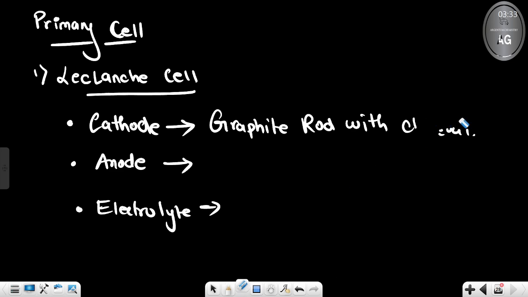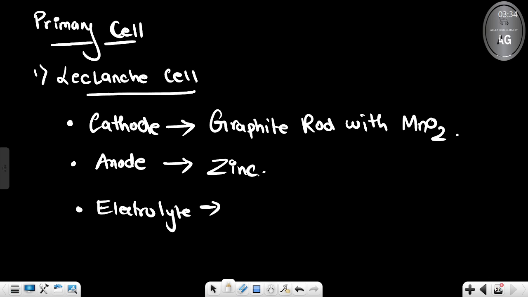Or better not to write charcoal, because graphite is also a form of carbon only. So better to highlight this MnO2. Graphite rod surrounded with MnO2, and anode will be zinc metal.